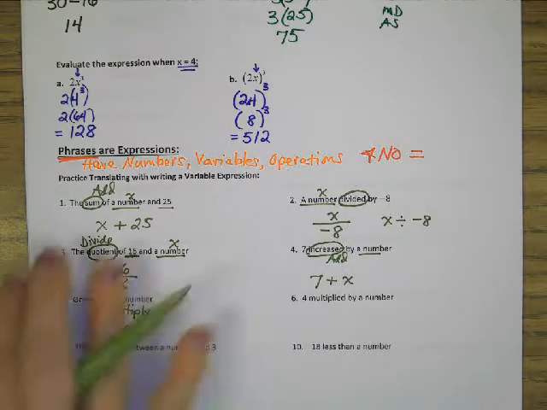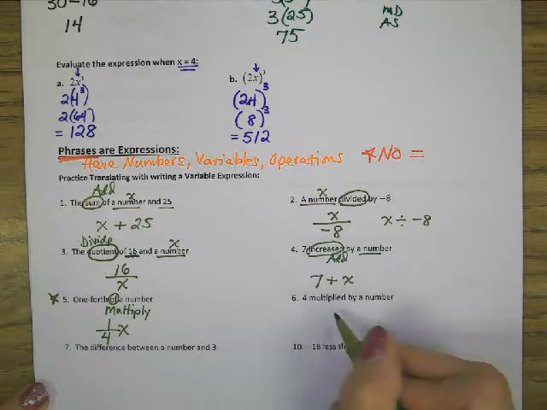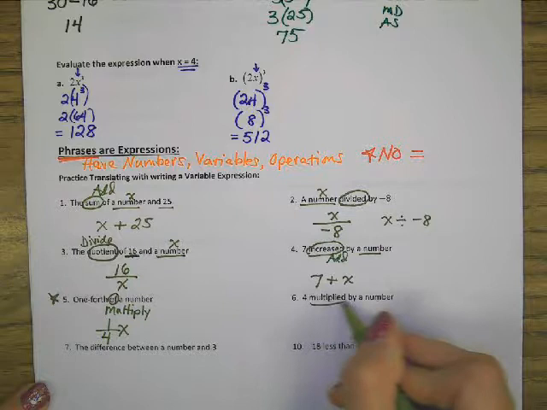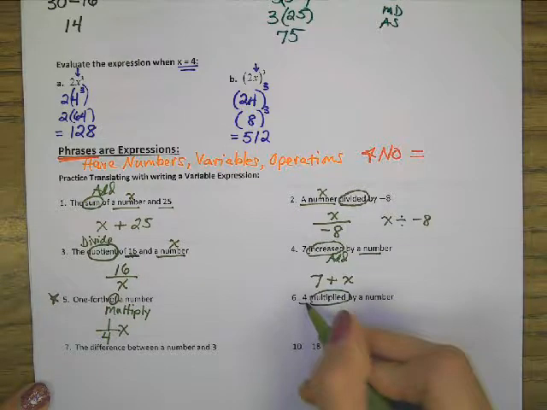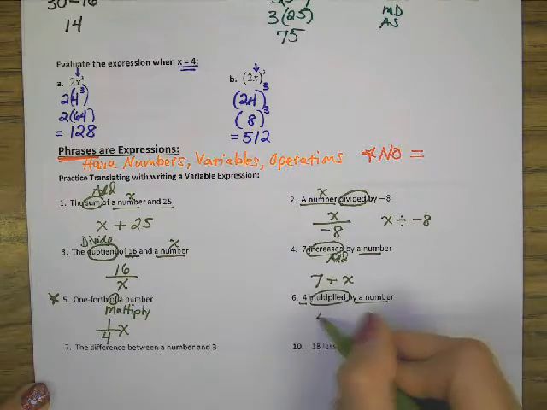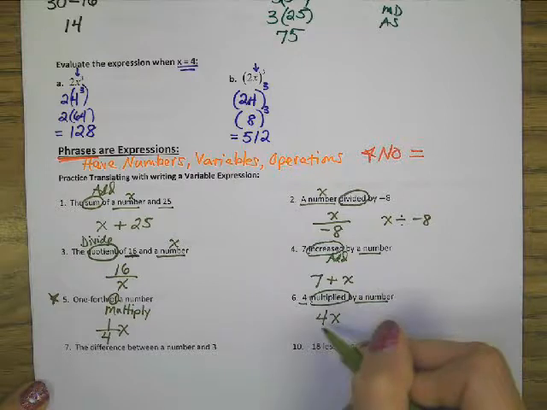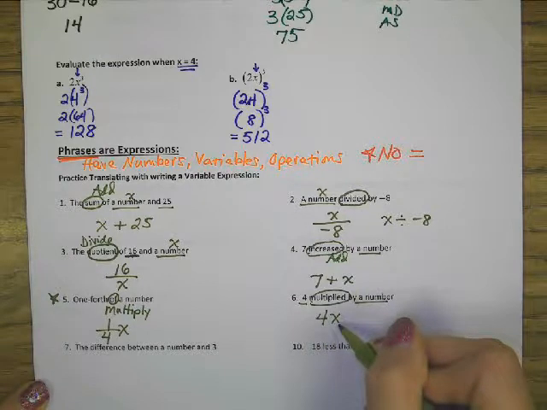Number 6, the operation is multiplied. 4 multiplied by a number. I'm just going to write 4x. That's the best, easiest way to write 4 times a number. Some people like to do 4 with parentheses x, but you don't really need the parentheses.